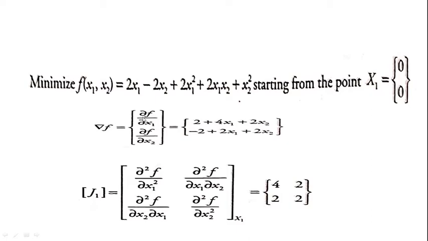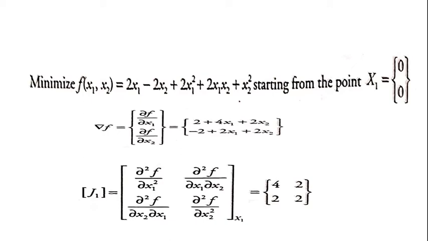This is called the partial derivative. Here we need to differentiate with respect to x1 and x2 because there are only two terms. So del f by del x1 means we differentiate this function with respect to x1 by keeping x2 as a constant term.